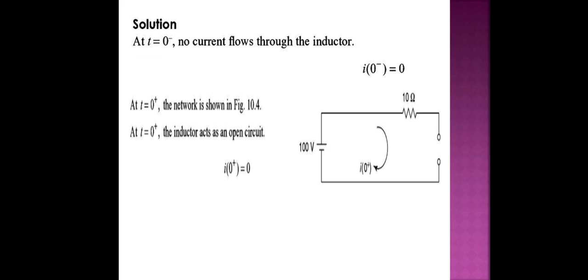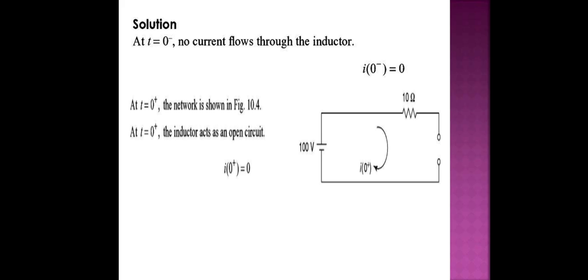In a previous slide you already saw how the equivalent circuits are taken at t equal to 0 plus and t equal to infinity. It is just after the switchover, so at t equal to 0 plus the inductor is taken as open circuited. At t equal to 0 minus, no current flows through the inductor, so I of 0 minus is 0.